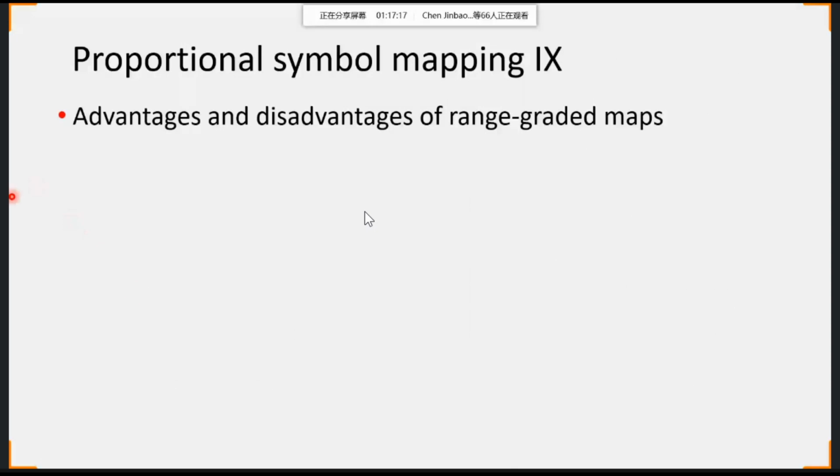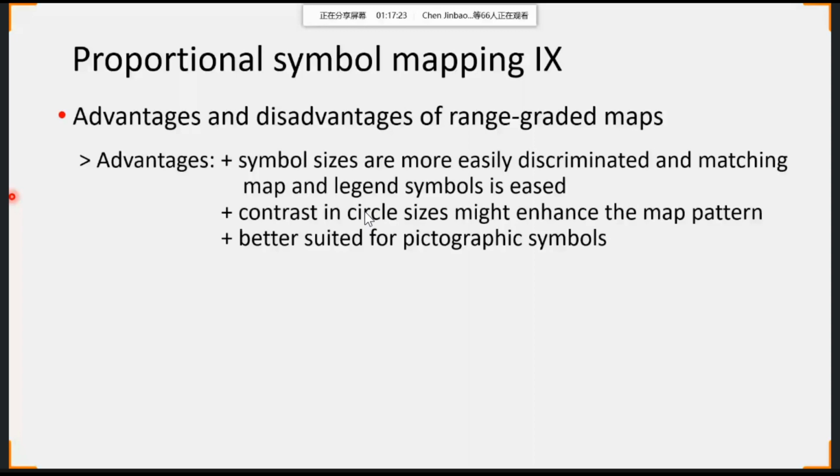Advantages and disadvantages of such range-graded maps. Advantages are symbol sizes are more easily discriminated, and matching map and legend symbols is easier, therefore. Contrast in circle sizes might enhance the map pattern.